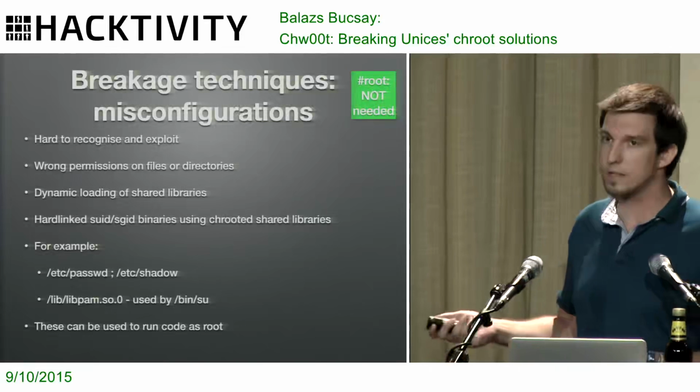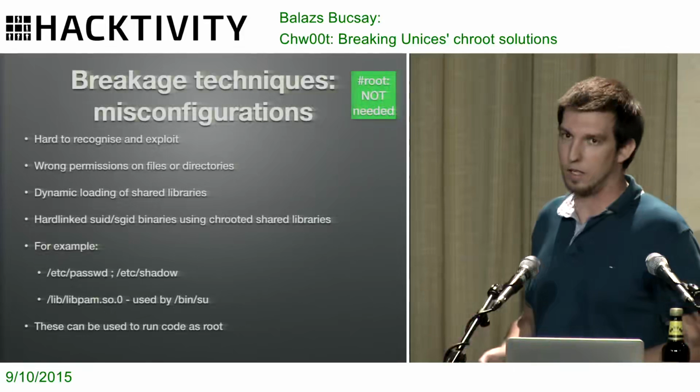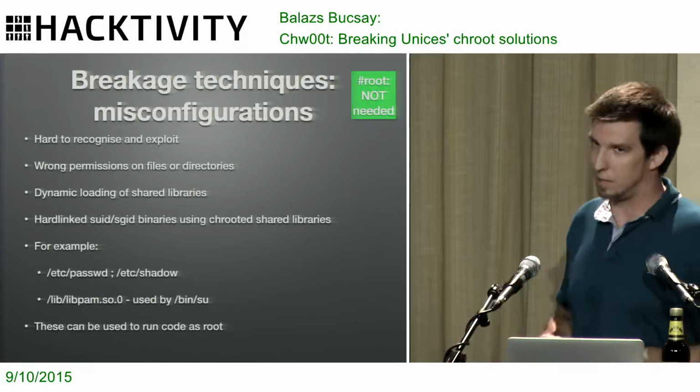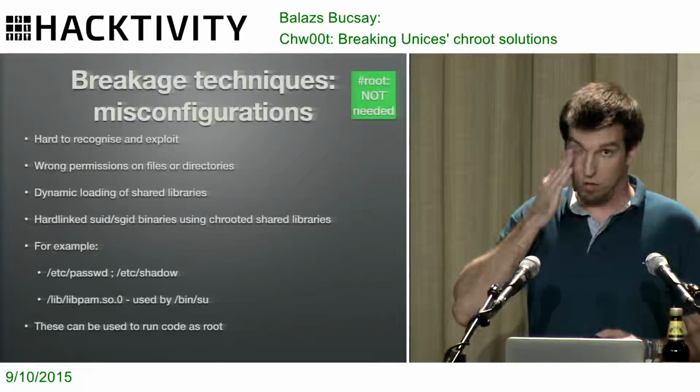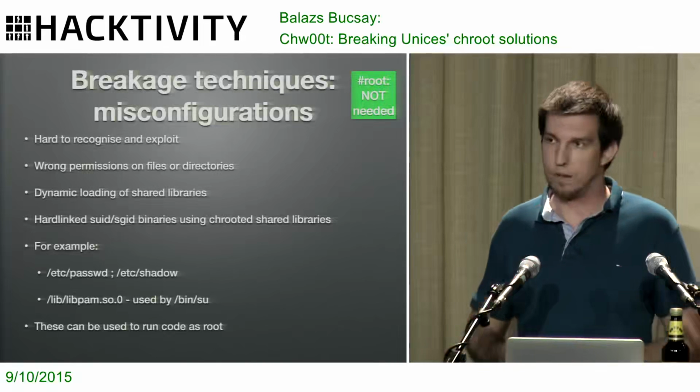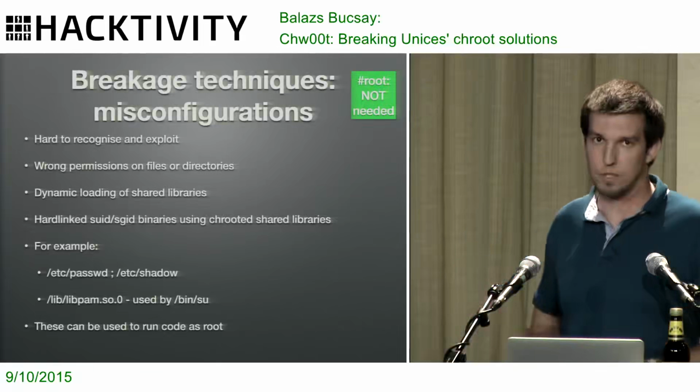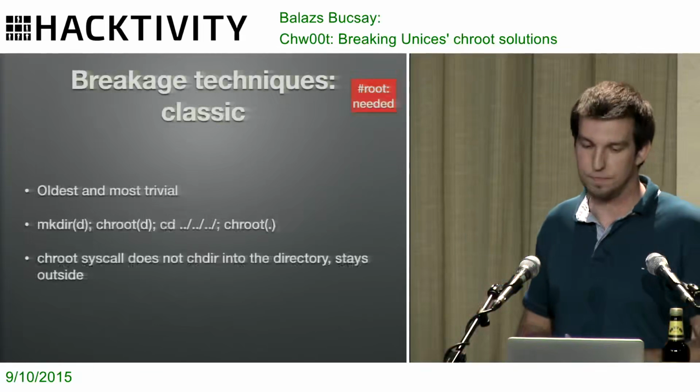So that's two ways how you can get root in the chroot directory. Sometimes it's really hard to find these flaws and exploit them, but if you have some options, then just go there and look for these flaws.